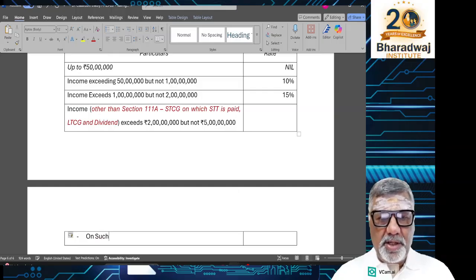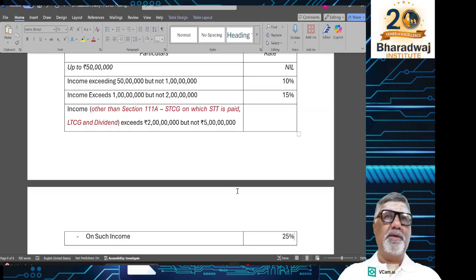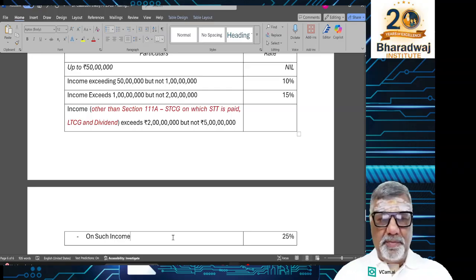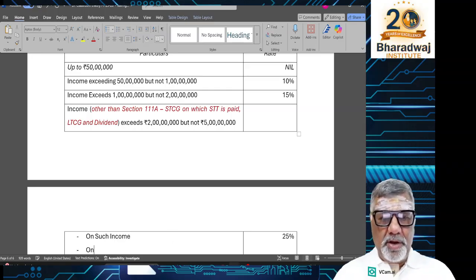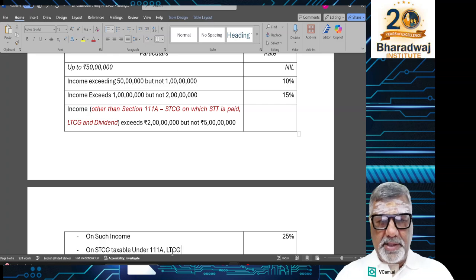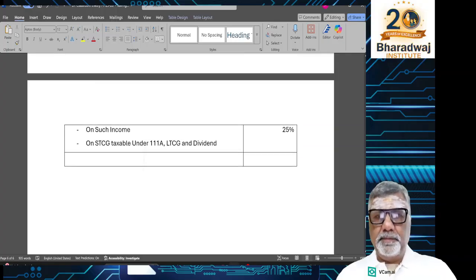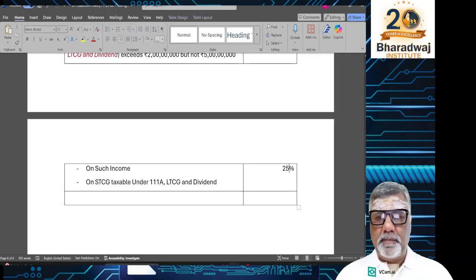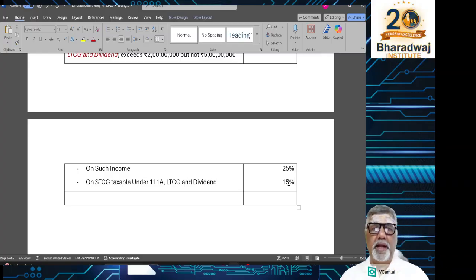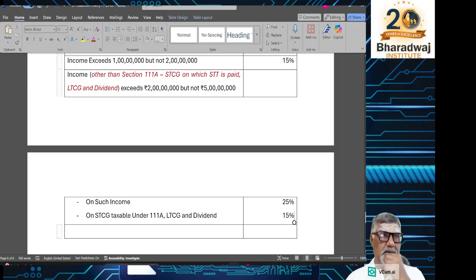On such income, surcharge is 25%. On STCG taxable under 111A, LTCG and dividend, it continues to be 15%.